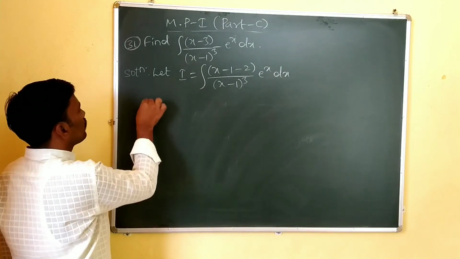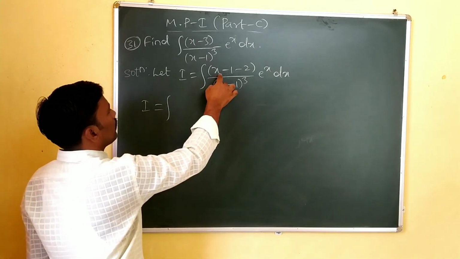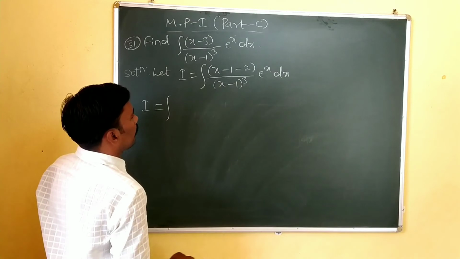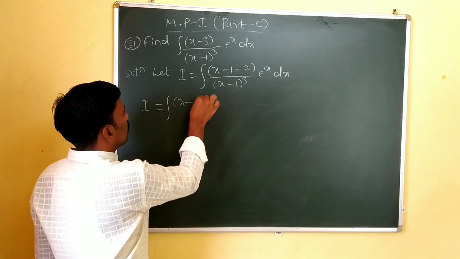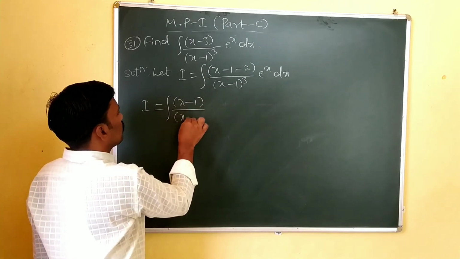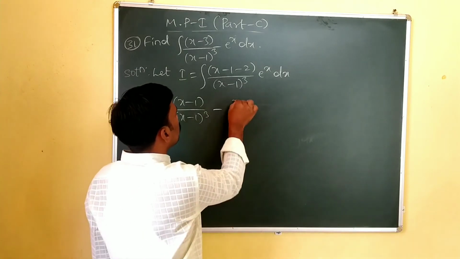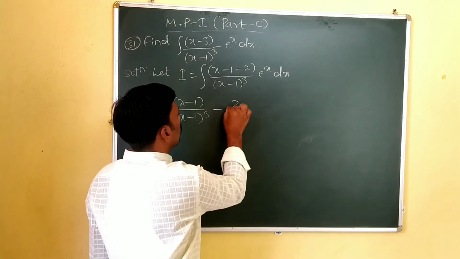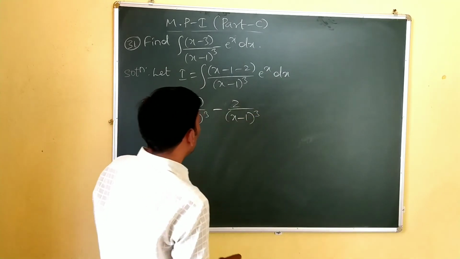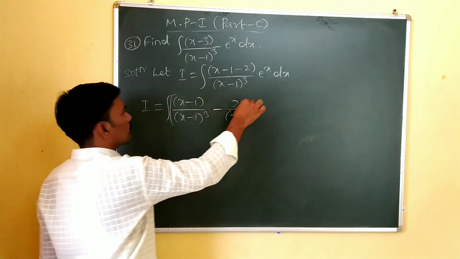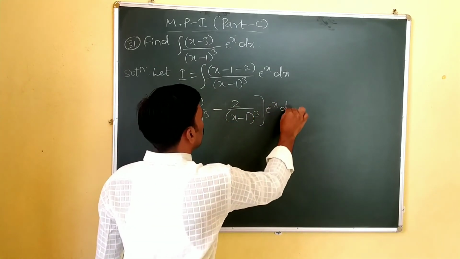Now I is equal to integration of, I can separate x minus 1. Then group x minus 1 divided by (x minus 1) whole cube minus 2 divided by (x minus 1) whole cube, into e raised to x dx.